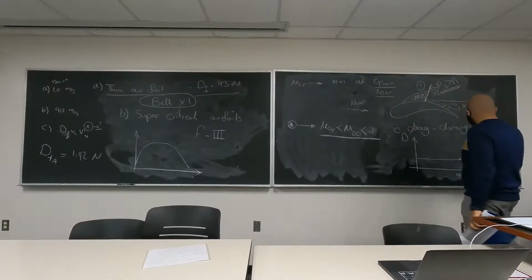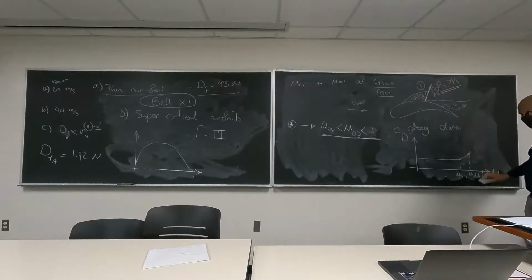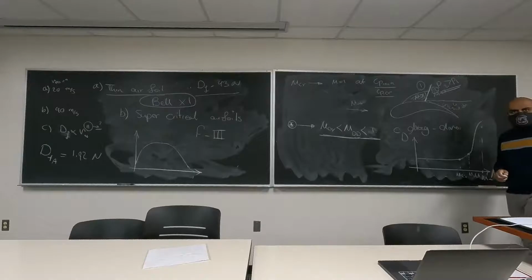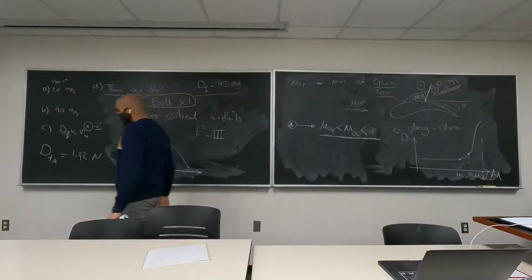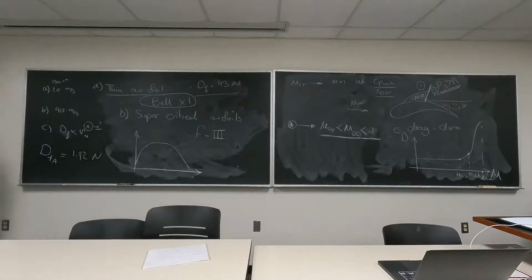So it will essentially reach the highest value at close to Mach 1. And the next part of this lecture is going to focus on what is going to happen afterwards: supersonic conditions.